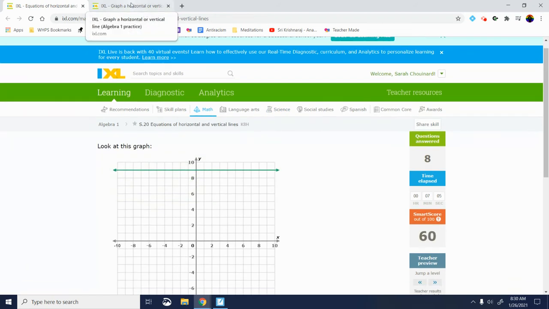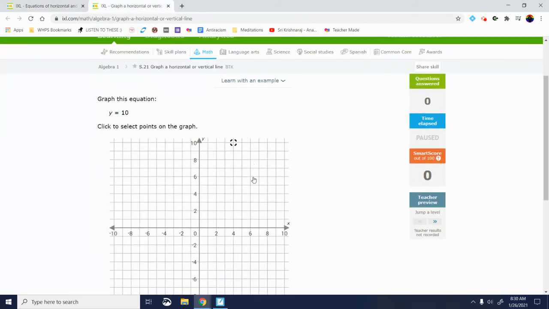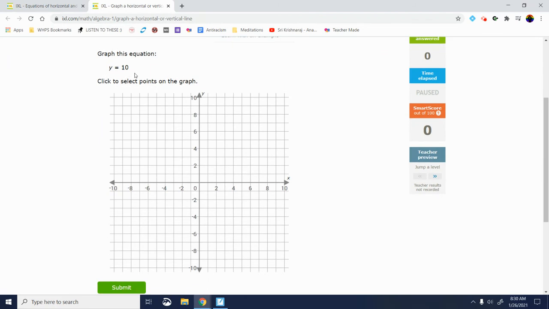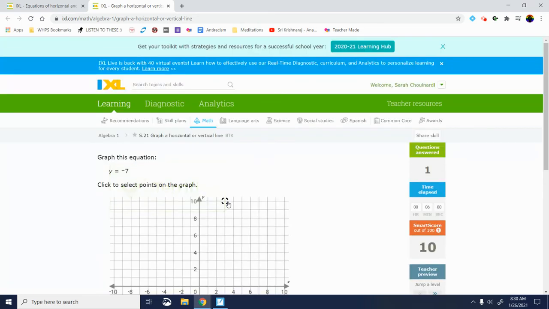All right, let's try graphing these then. So they're giving me Y equals 10 as my equation. So that means it needs to be a horizontal line. So I'm going to go to where Y equals 10 and make a horizontal line. So I click at 10 on Y, and then you can click anywhere else to make a second point to make a horizontal line.